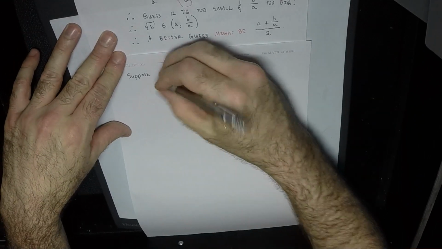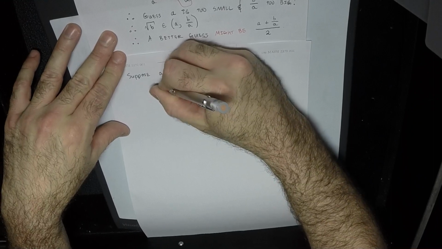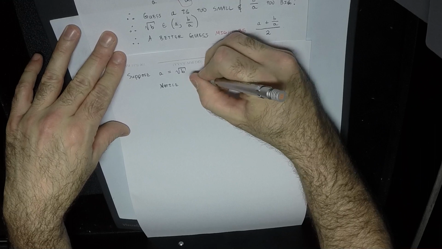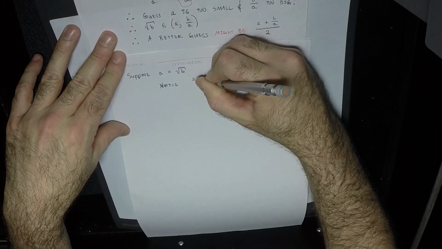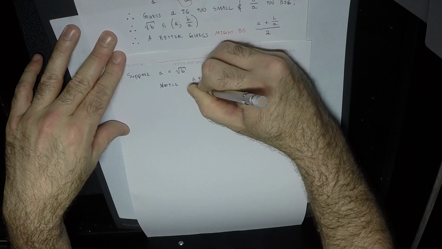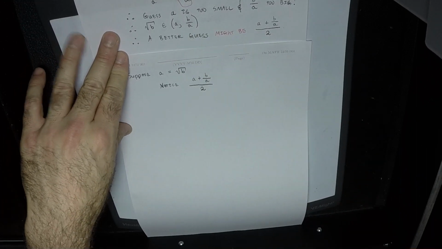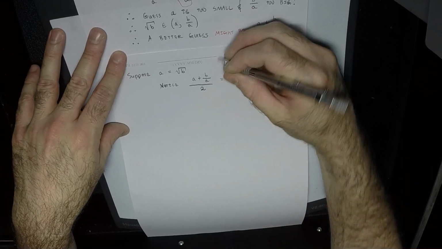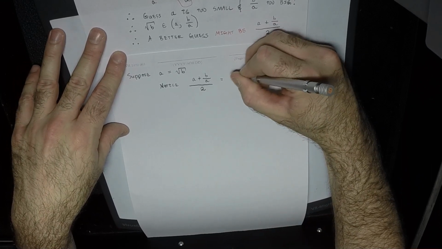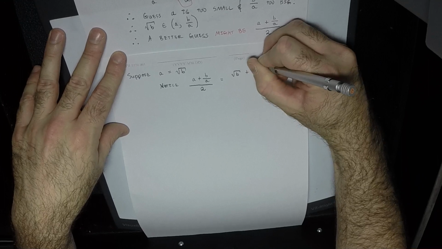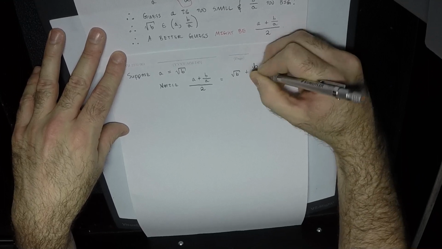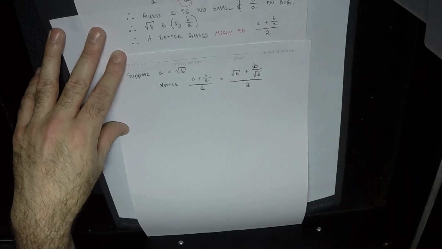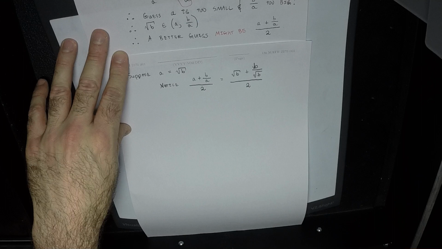Well, let's figure it out. So notice that A plus B over A, over 2, in the specific case that A is equal to the square root of B, is equal to the square root of B plus this B over the square root of B, over 2. And what is B divided by the square root of B?